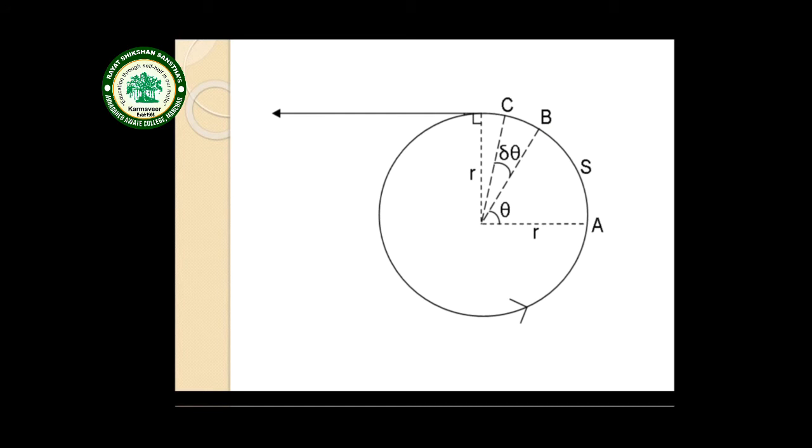Here we can see that there is an origin. Assume that it is O, and the position of the particle is at A. So we can say that it is a radius vector, which is denoted by r. Then if the particle is rotated, the angle changes, and it is denoted by theta, where s is the length of the arc.